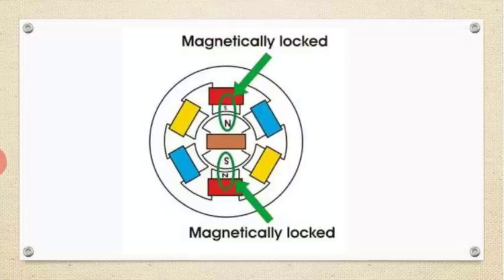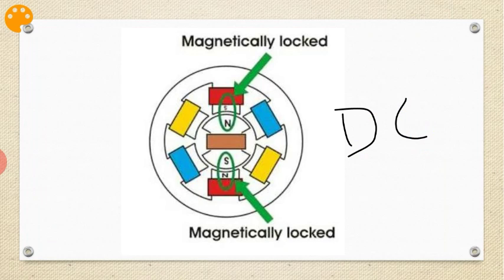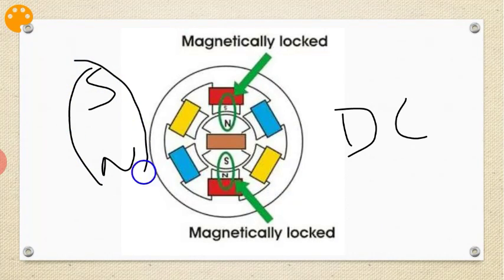Next you are applying the DC supply, so the poles N of the rotor and S of the stator are both locked.